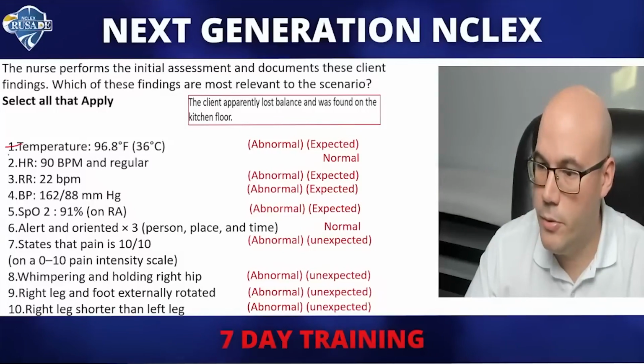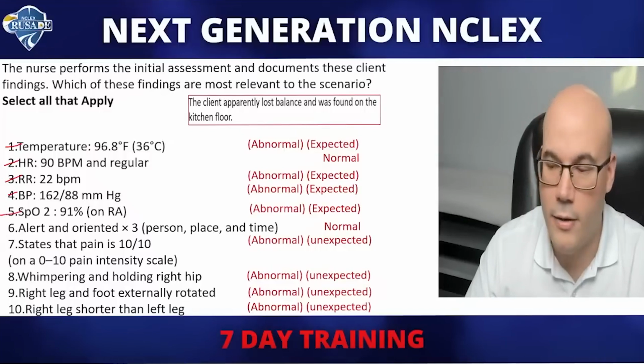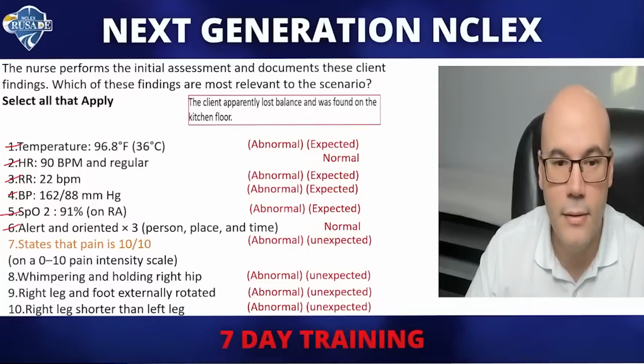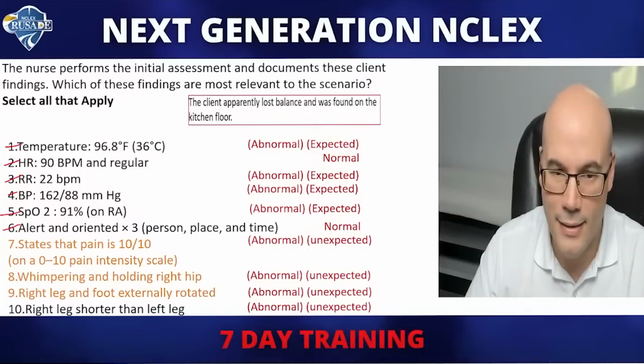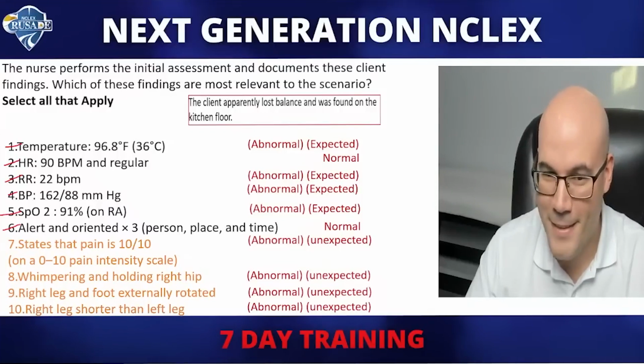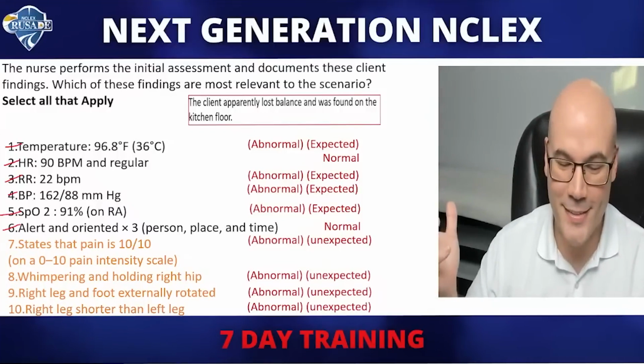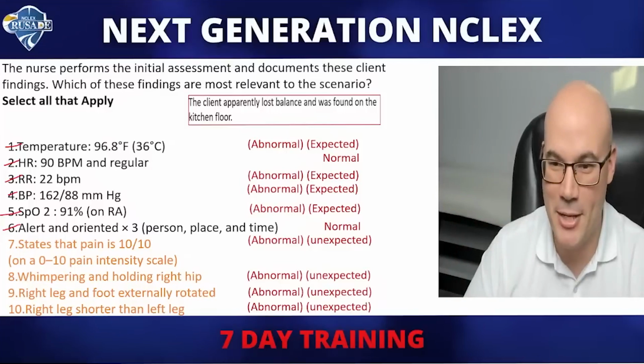Answer number 2 is gone. Answer number 3 and 4, gone. Answer number 5, gone. Answer number 6, gone. What is the answer? Answer 7, 8, 9, and 10. So what do you think about this question? Very interesting, right?